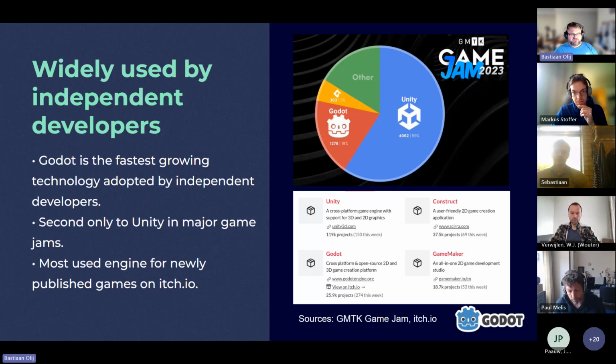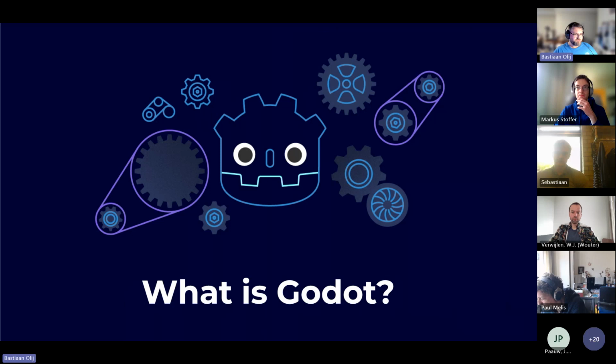And as this nice little overview said, the game jam GMTK is one of the biggest game jams around, and while Unity is still taking the crown, we're a good second. So you can really see that the engine is getting more and more popular. Actually, we are one of the biggest engines on itch.io. So again, a sign of our popularity within the indie developer culture.